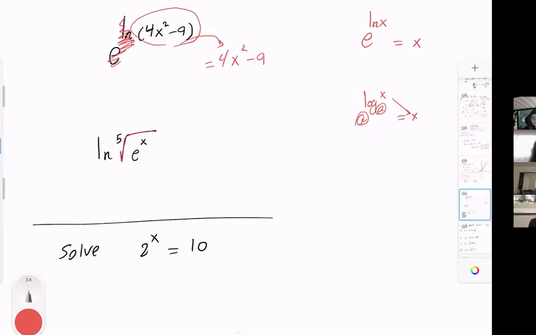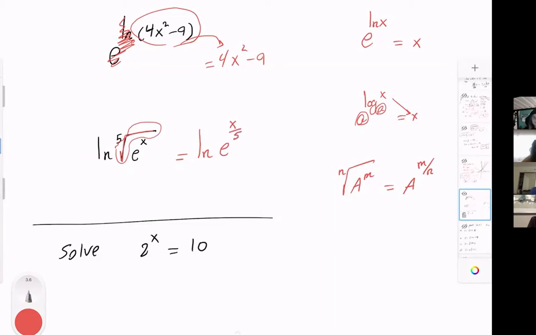For the question, natural log of the fifth root of e to the power of x: anytime we have a radical in a log or natural log, we need to get rid of it and make it an exponential. We know a to the m with index n is the same as a to the power m over n. So we have ln of e to the x over 5.